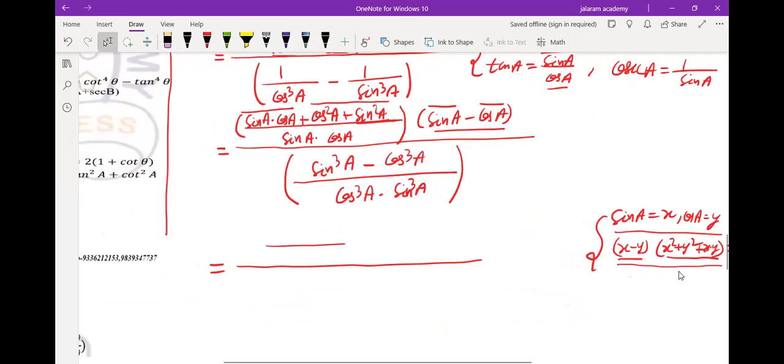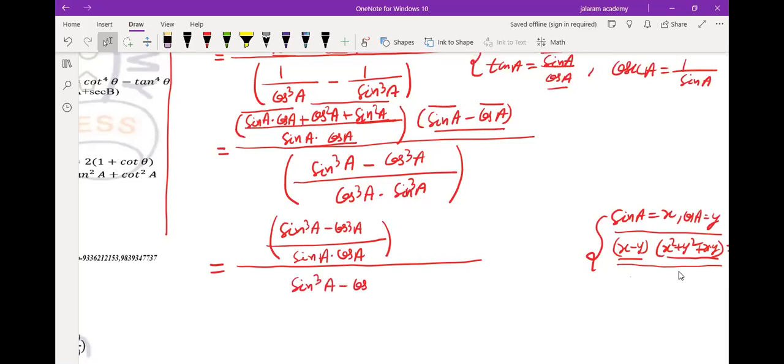So the numerator becomes sin³A minus cos³A, over a denominator which remains only sin A into cos A. And in this, sin³A minus cos³A upon cos³A into sin³A.